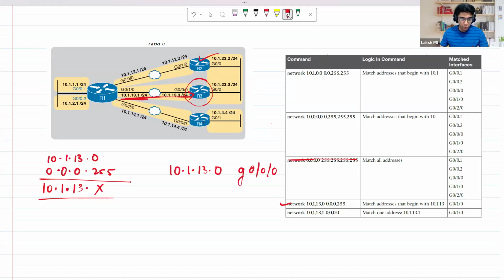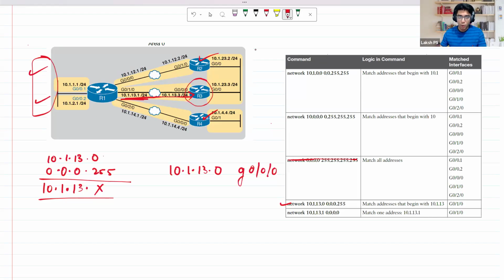All the other routers, R2, R4, or whatever routers are over here, are completely oblivious, or completely unaware, of any other network that is present on R1. On R2's routing table, R4's routing table, and the routing tables of these devices, they are completely unaware of any network present on R1.